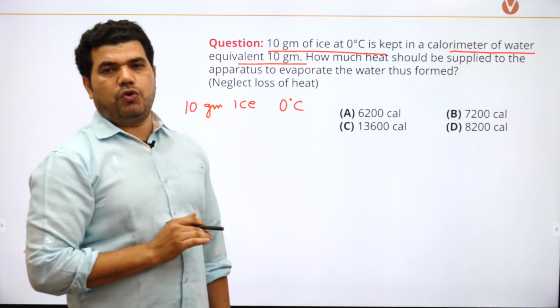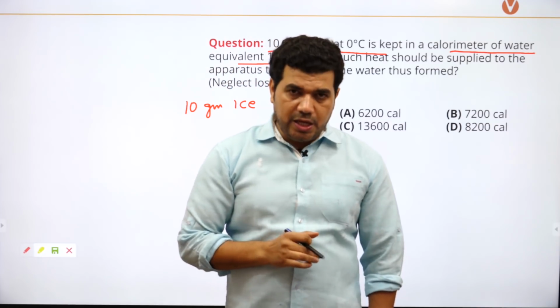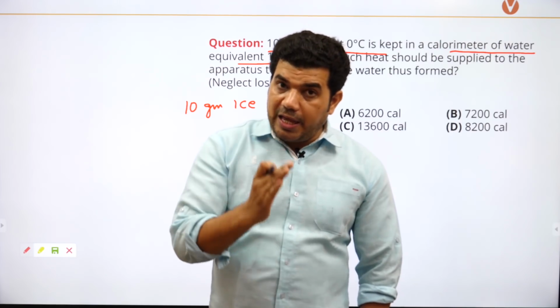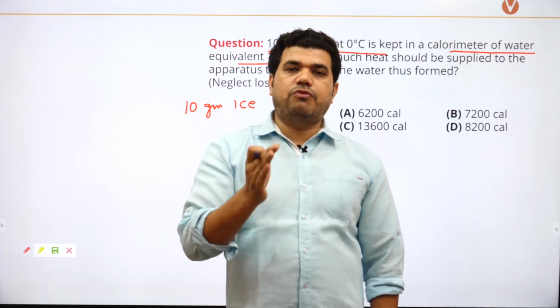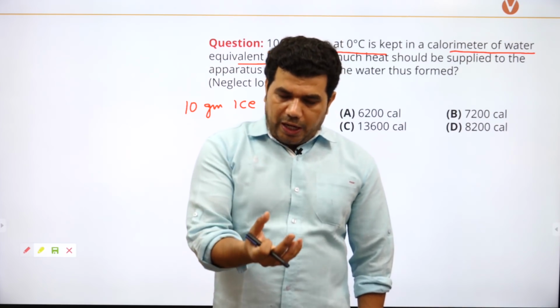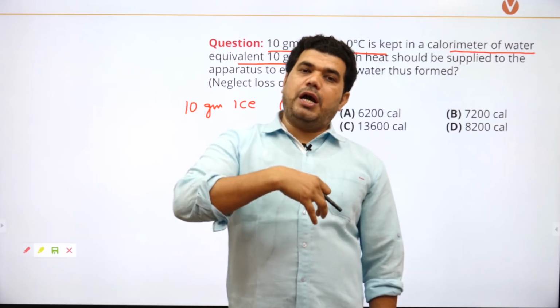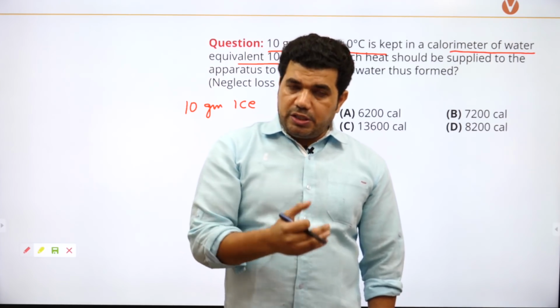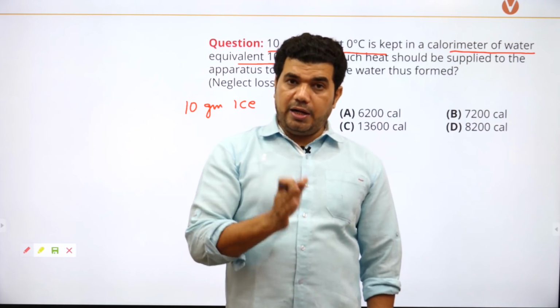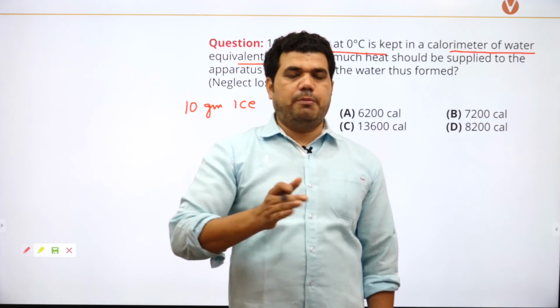So what is actually the water equivalent 10 gram? It means that the calorimeter behaves the same as 10 gram of water will behave. Means the calorimeter absorbs the amount of heat which is absorbed by the 10 gram of water at that particular range in temperature.